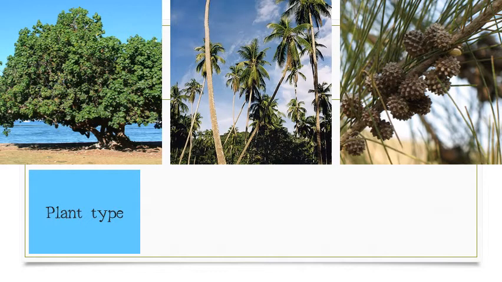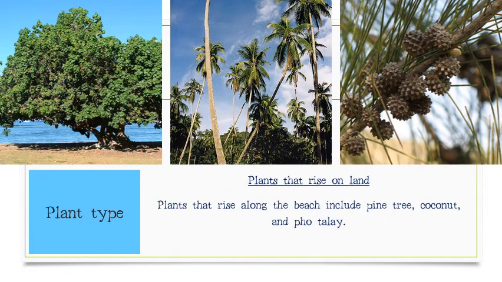Now here is another type of plants, and this plant still grows on the land, but it grows along the beach, including pine tree, coconut tree, and portia.